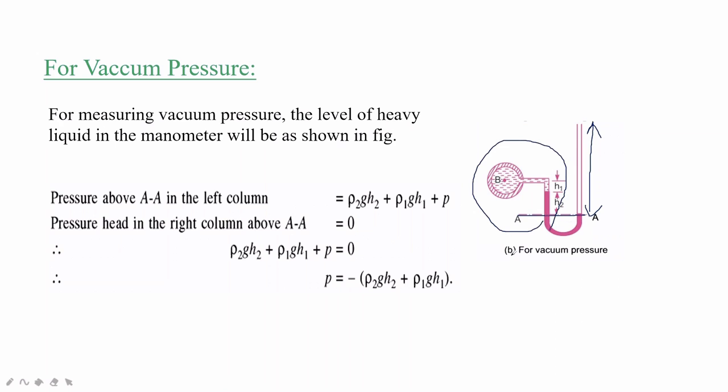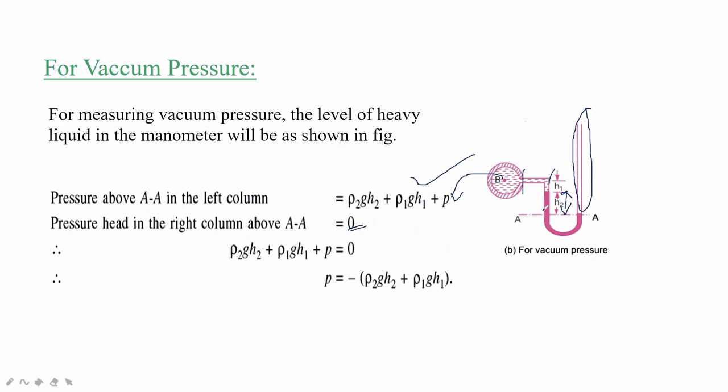See here, this is the left column, right? So pressure above A in the left column is what? First, P is the pressure of the system. Then next, coming out into the tube, rho 1 g h1. Plus some heavy liquid has come up, correct? So we take that as rho 2 g h2. So this is the pressure above A in the left column. What about the right column? For vacuum pressure it is 0, since it is vacuum. So the pressure head in the right column is 0.